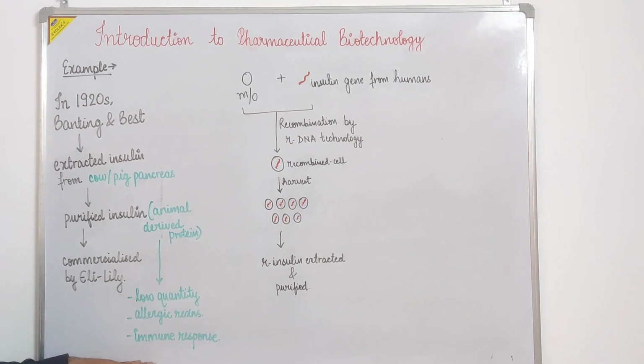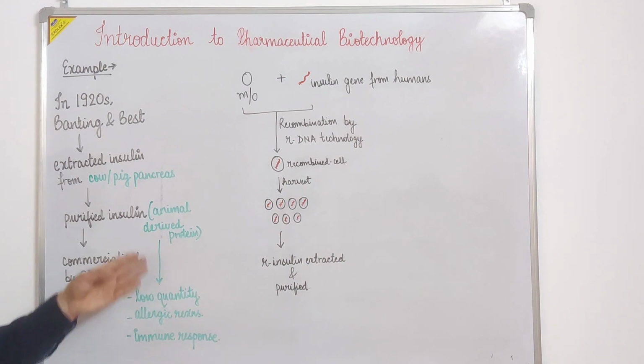Because to the human body, when we were injecting the animal protein, it was a foreign body. Okay, so it was an antigen to the human body, and the human body started producing antibodies against this insulin. So the primary reason of treating diabetes was not getting fulfilled.